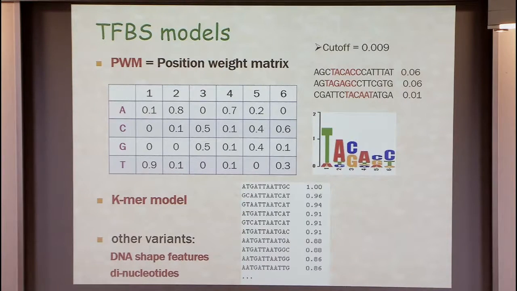Other suggestions are using DNA shape features, which come from Remo Rohs' lab at USC. These features tell us how the DNA base pairs are standing one next to the other, and they also have an effect on DNA binding. Okay, so this covers the models, and in the next slides and in the presentation, I'm going to focus on this model and algorithms that learn the PWM model to represent protein-DNA binding.